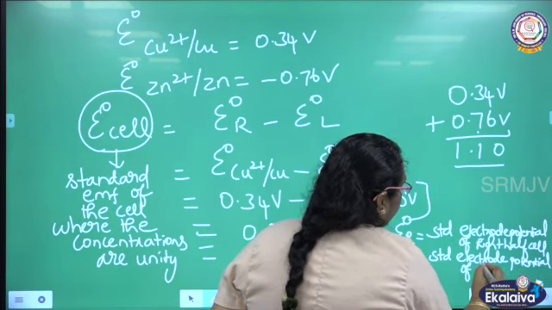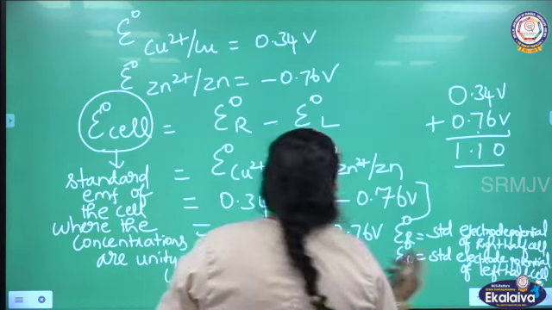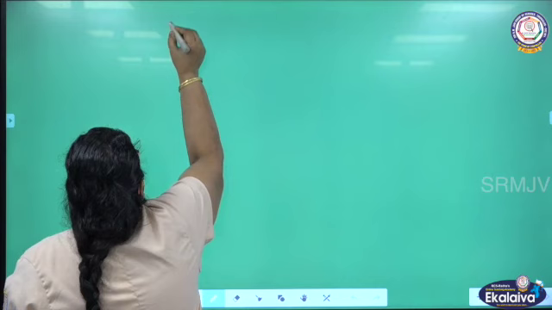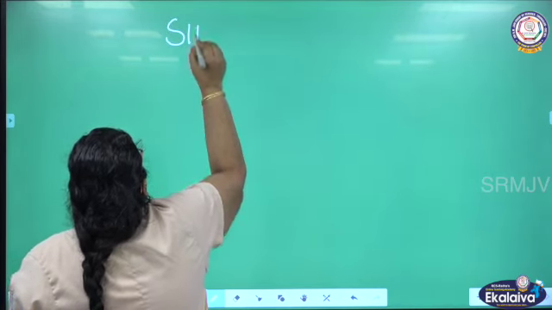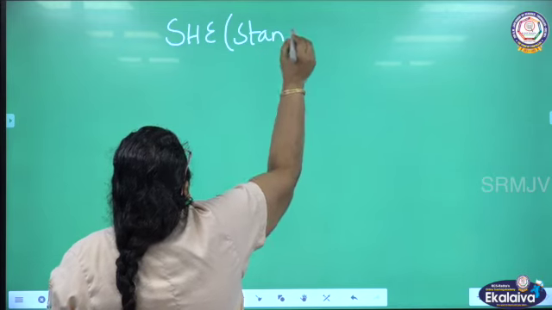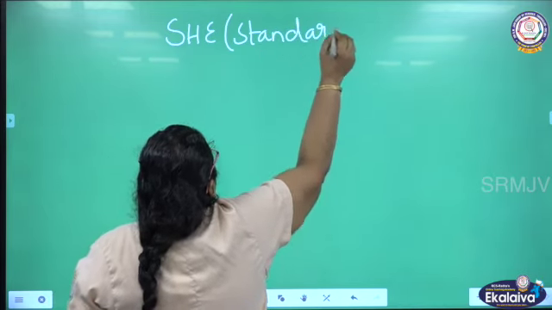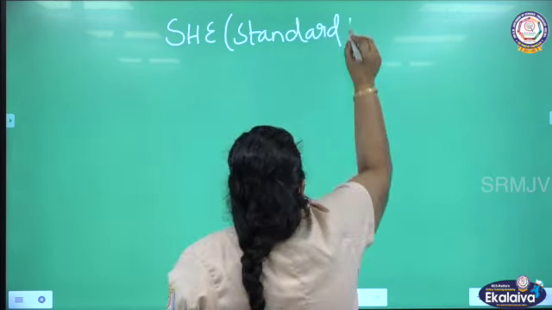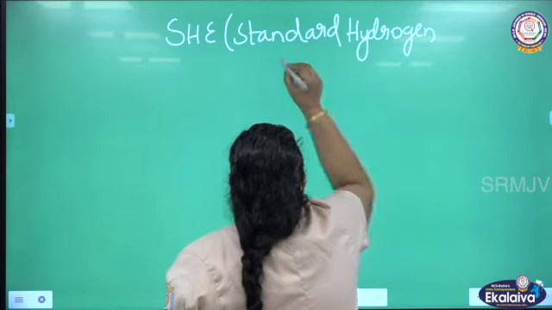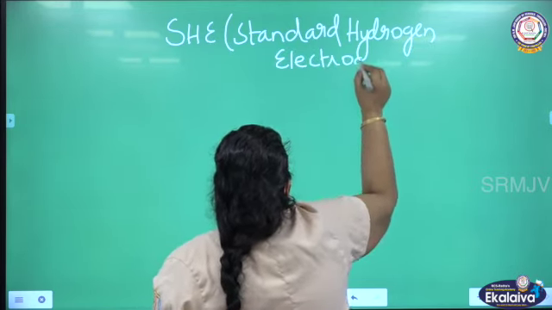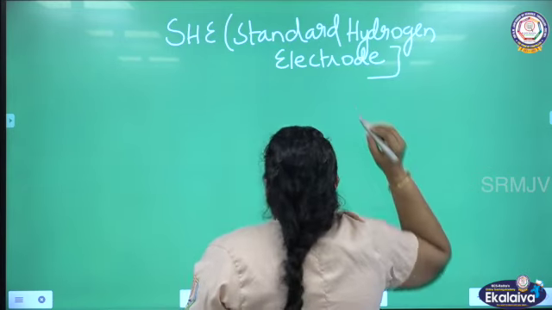Okay. The next one, we are going to see the standard hydrogen electrode, SHE. What is standard hydrogen electrode? Let me see what it is and what it is used for.